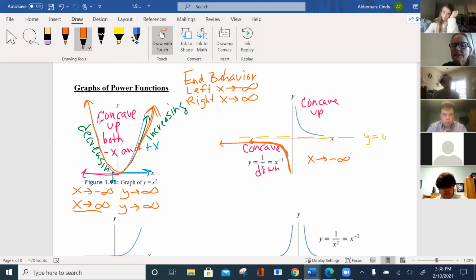What it's going to do is get closer and closer and closer, infinitely close to where the asymptote is. So as x goes to negative infinity, you could say that y goes to the horizontal asymptote at 0. It never actually reaches 0, but it's going to get very, very close to 0.